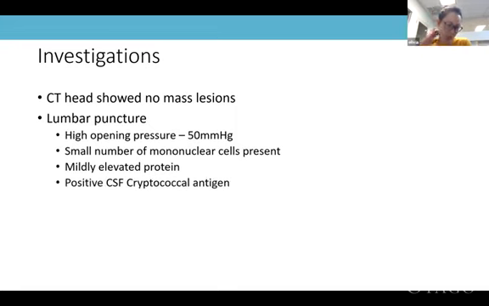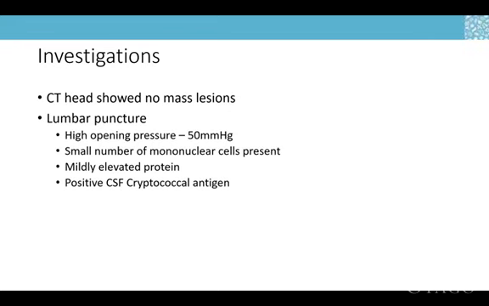So one test comes back and it's a positive CSF cryptococcal antigen, which is a fast test that we can do, which gives us a diagnosis in this case. So this is cryptococcal meningitis. But if we go back and think about his story, about how many times he presented with other infections, does anyone know what I might be getting at?